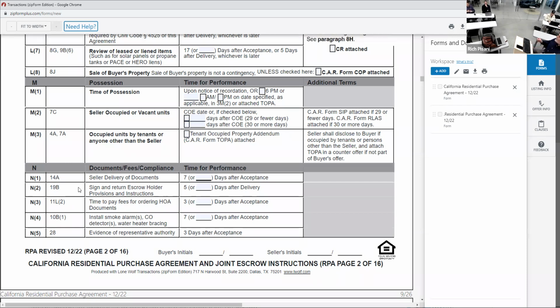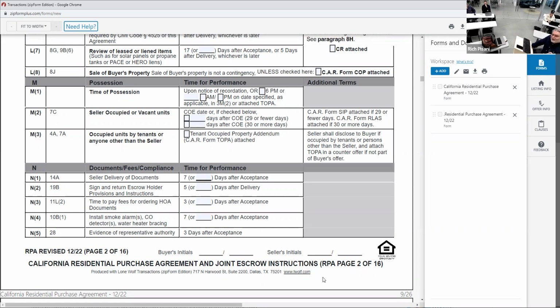Part of escrow's job is to make sure that the person who says they're selling and the person who says they're buying are actually the people that can buy or sell. They've got some background checking to do.